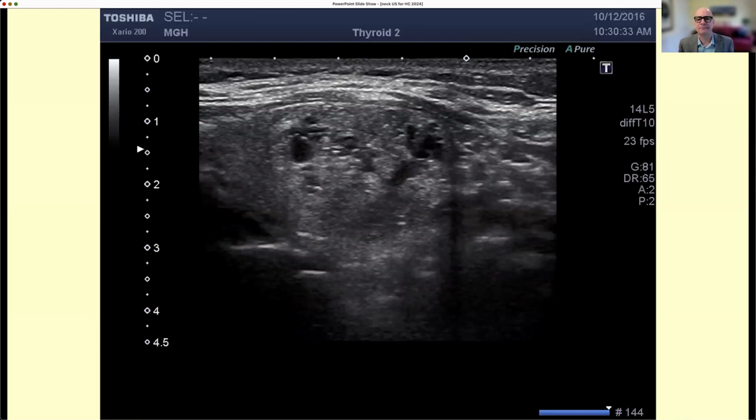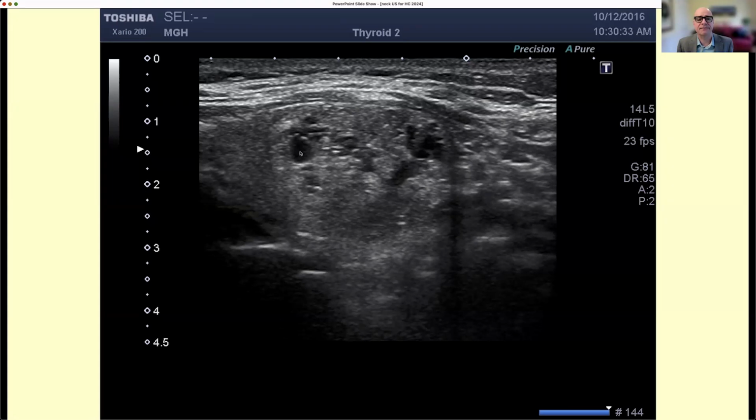Any takers on this one? Anyone? So this is a solid nodule.